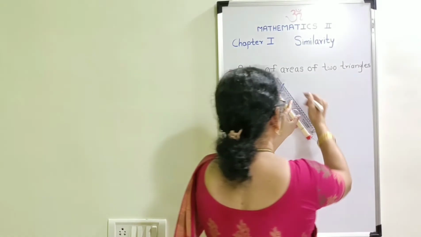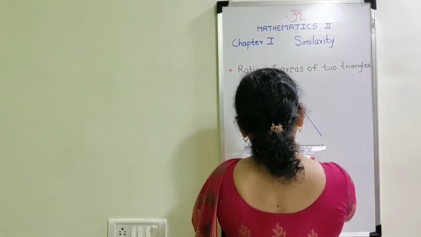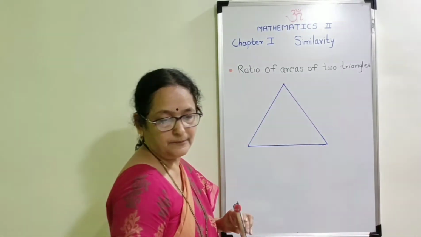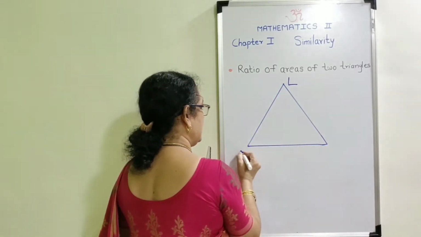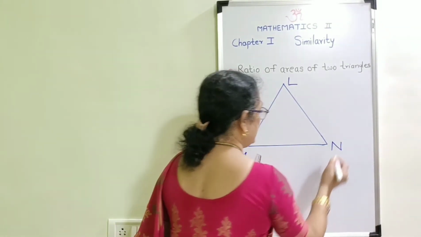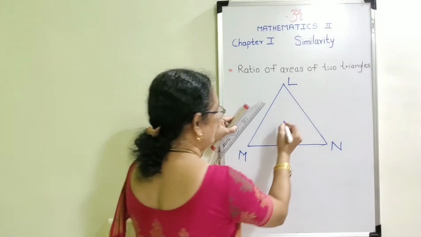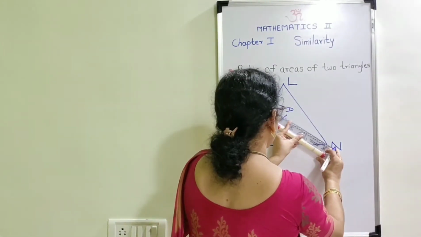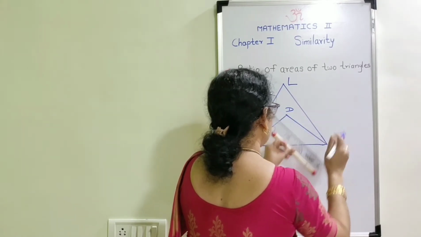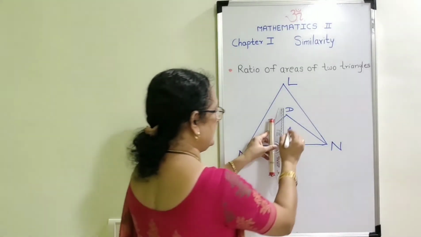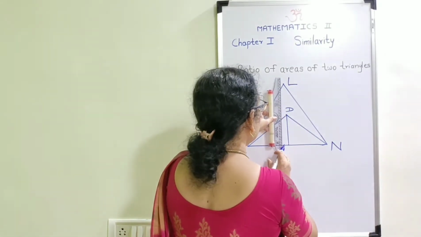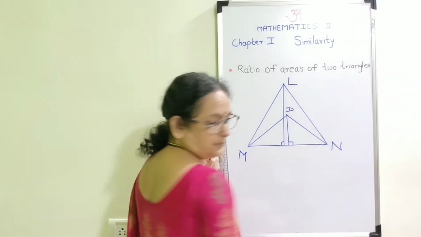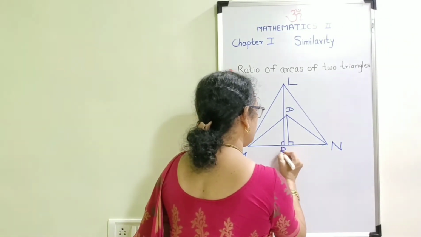First bigger triangle, again name of this triangle is L, M and N. Inside this bigger triangle, they have again given a point D and second triangle is given D, M, N. To determine heights of both the triangles, they have given perpendicular from point D as well as perpendicular from point L. Suppose the points of intersection are P and Q.